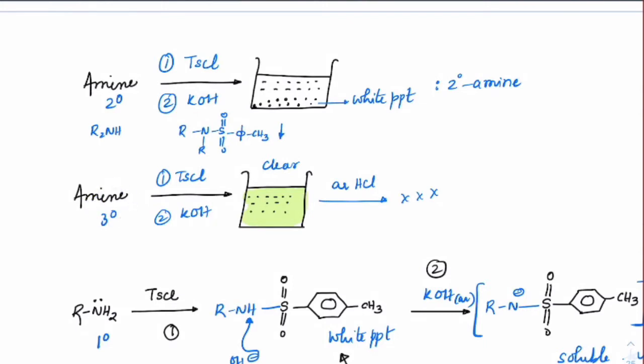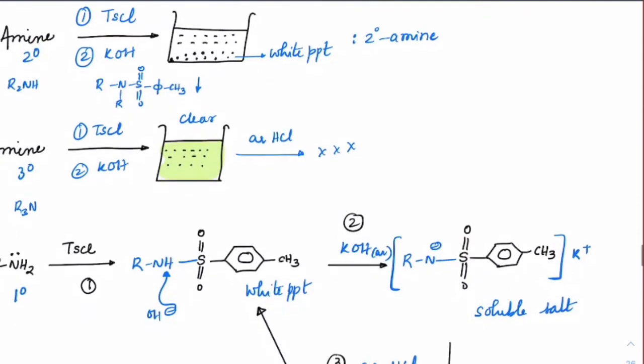Tertiary amines: if we take R3N and react it with tosyl chloride, we may expect the reaction to happen something like this. We'll have R, N, R and R connected with S double bond O and tosyl, plus Cl minus.